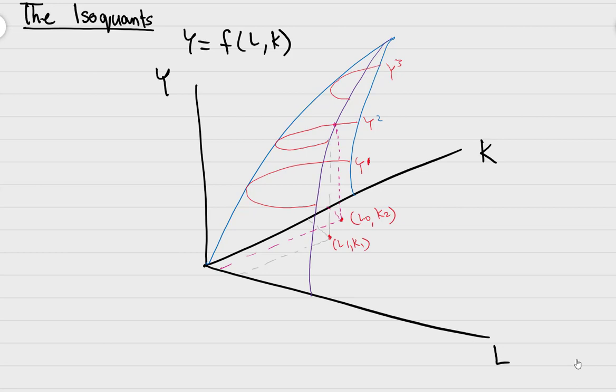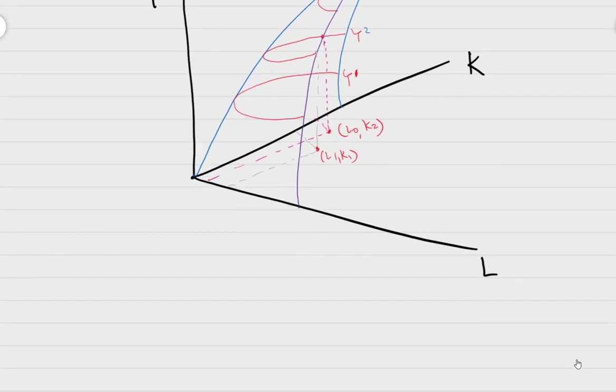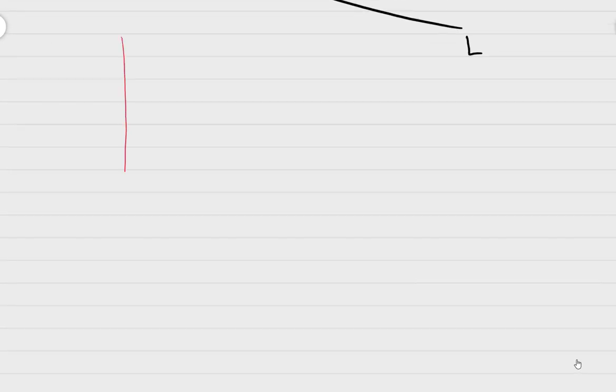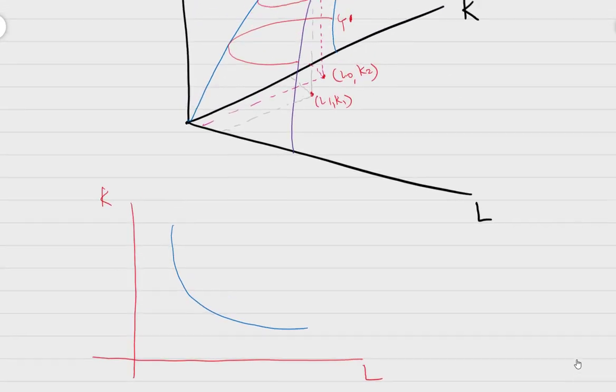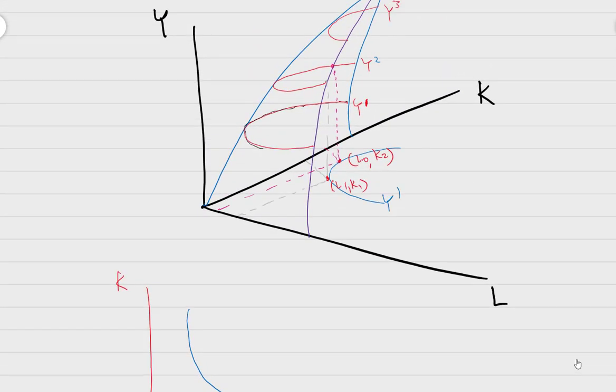Let us think about these level curves in just 2 dimensions. That means we omit the third dimension, output. We have labor and capital only in the 2-dimensional space. If we draw that level curve, we observe something like this curve here, which has an image on the 2-dimensional space or LK plane.